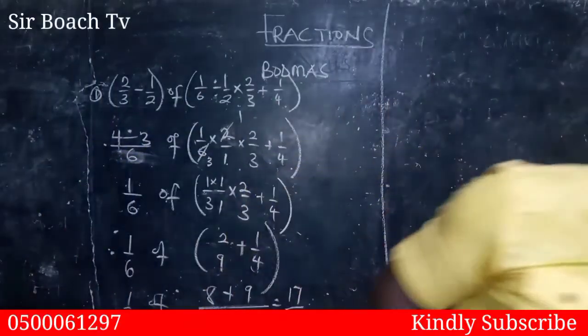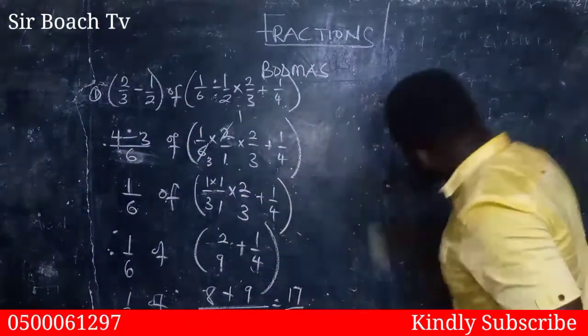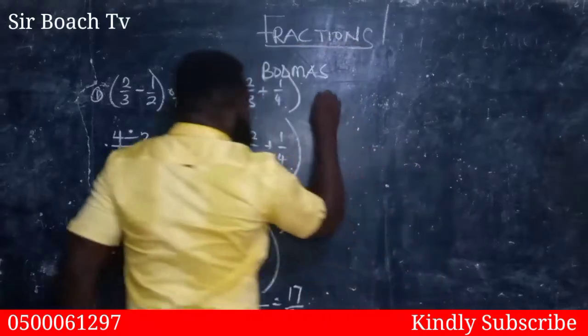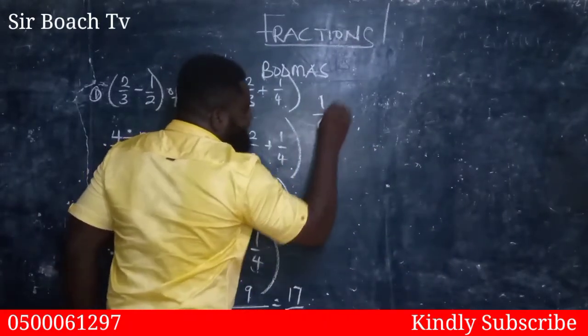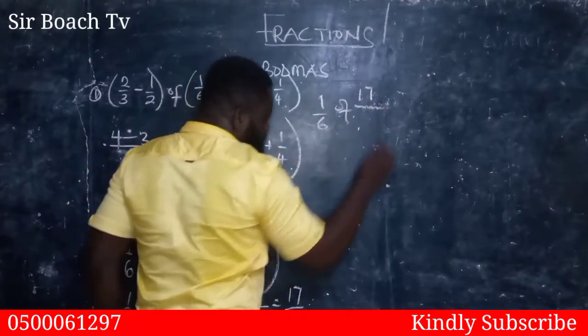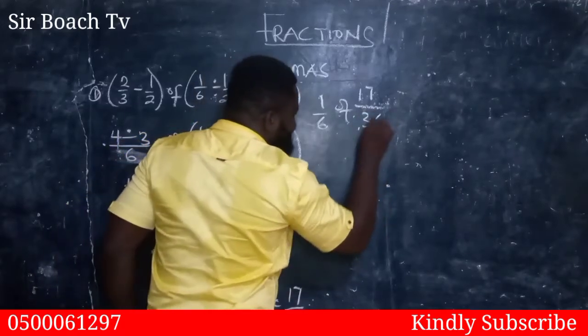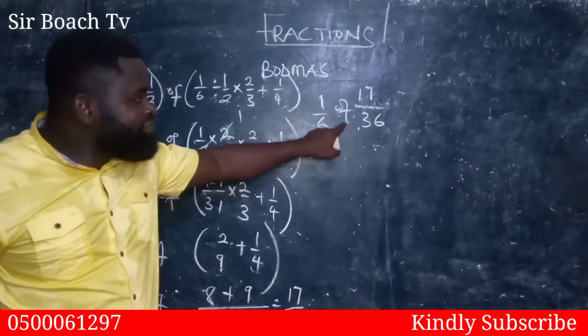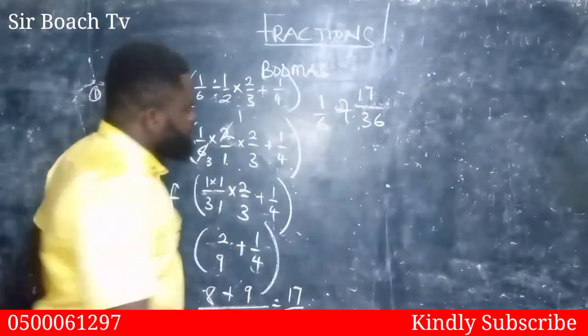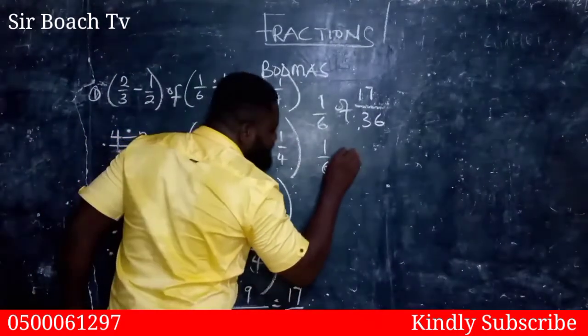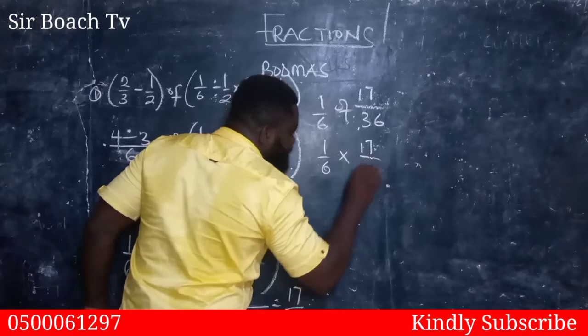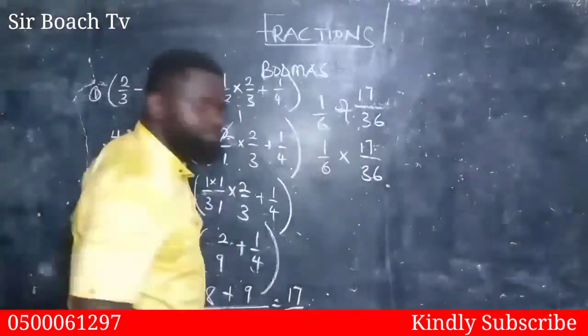So moving ahead, we are going to get 1/6 of 17 on 36. Now, what does the "of" mean? It means multiplication. We are going to get 1/6 times 17 on 36.